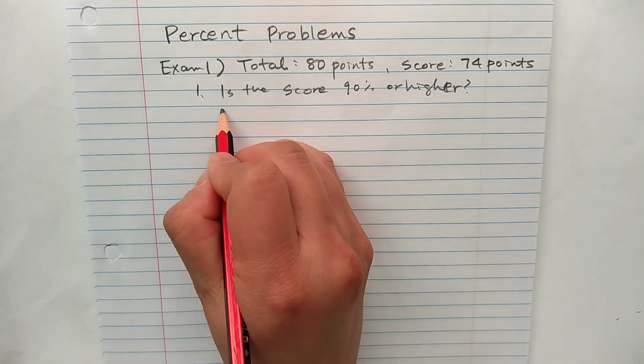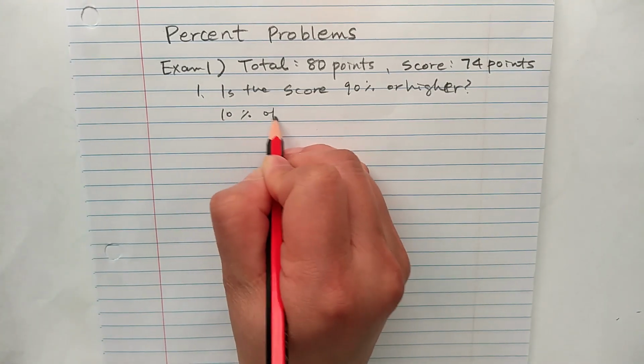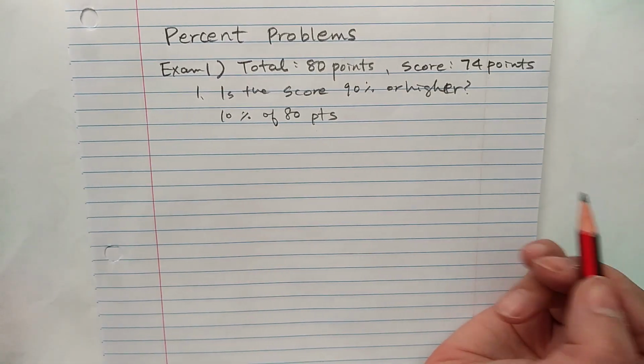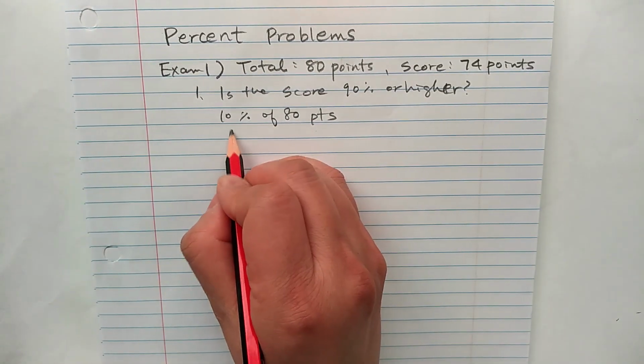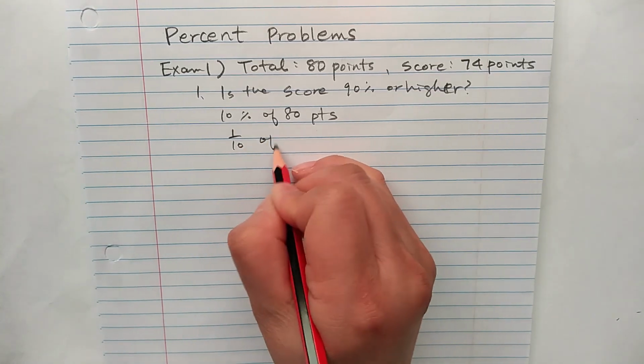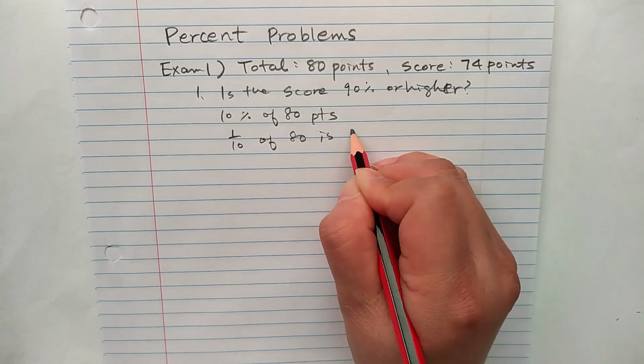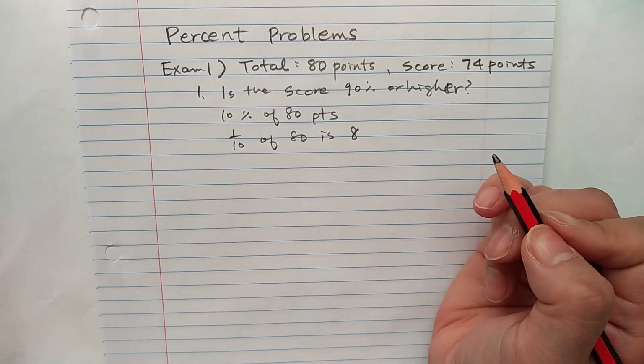What is 10% of 80 points? 10% means 1/10 of 80. That is 8.